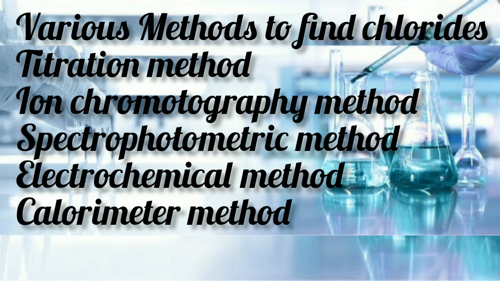The fourth one is the electrochemical method. This uses electrodes to measure the electrical potential generated by the chloride ions. And next is the colorimetric method, which also depends on absorbance.